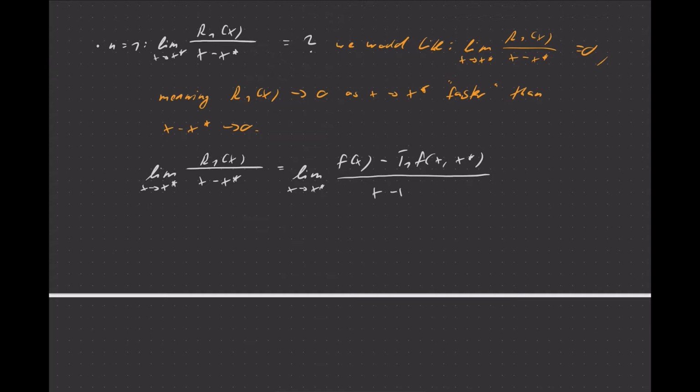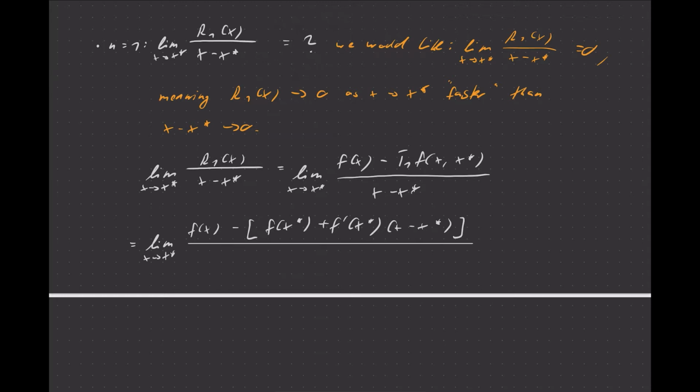So that's what we want to investigate here. And we even know what the Taylor polynomial is, so we can just substitute that. We get f of x minus the Taylor polynomial, that is f at x star, plus f prime at x star times x minus x star. And we need to divide all that by x minus x star.